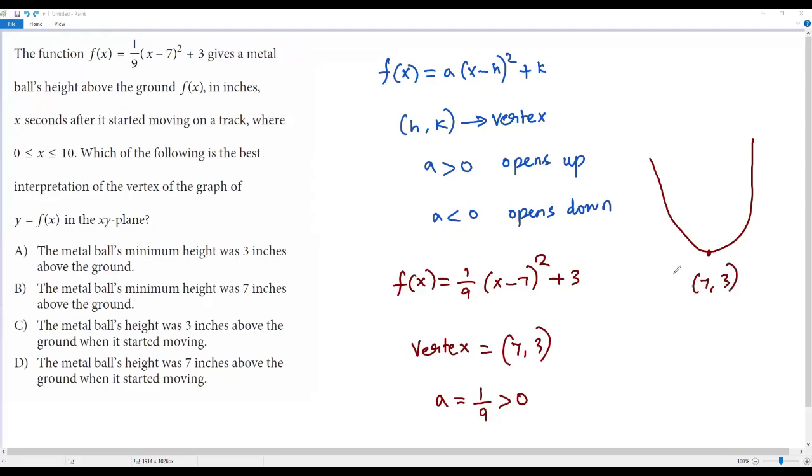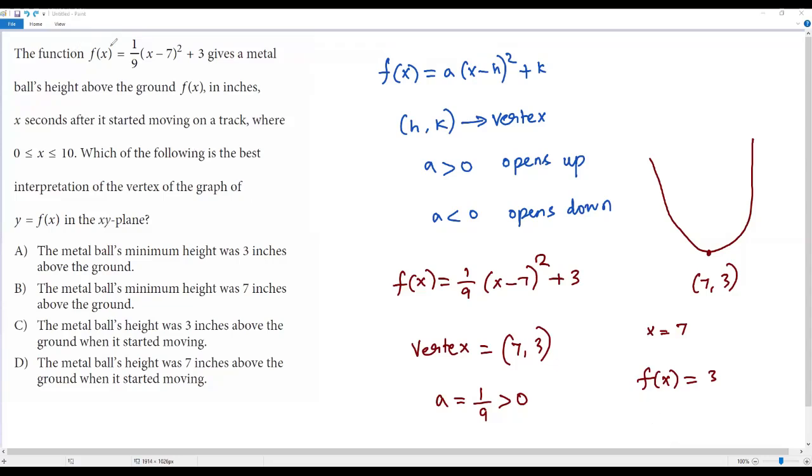Okay, now let's consider the vertex over here, this 7 comma 3. Whenever a parabola opens up, the vertex is the minimum point of the parabola. Here the x coordinate is 7 and the y coordinate, or the value of f of x, is 3. That is, when x equals 7, the value of f of x is 3.